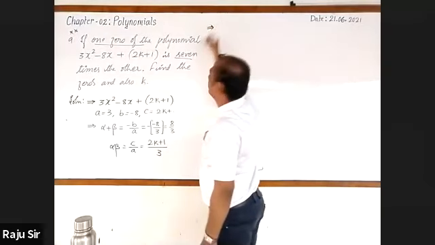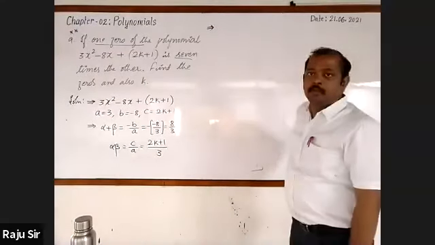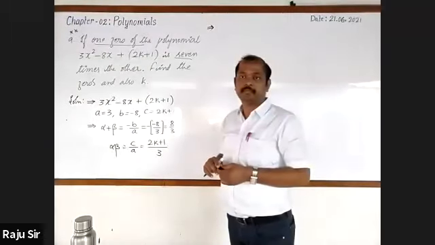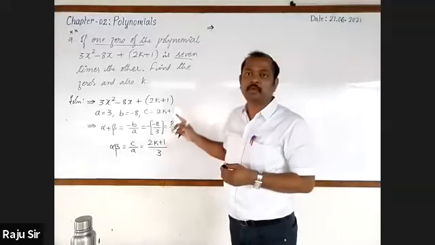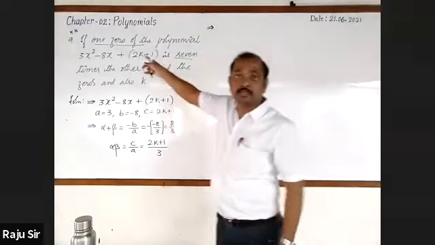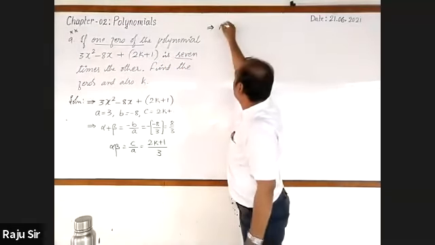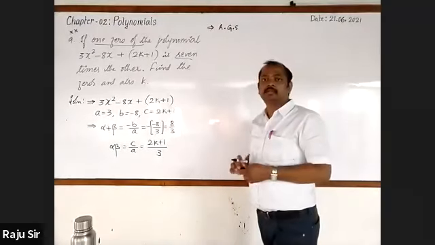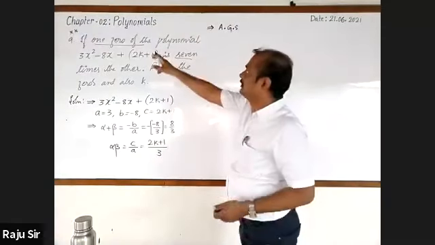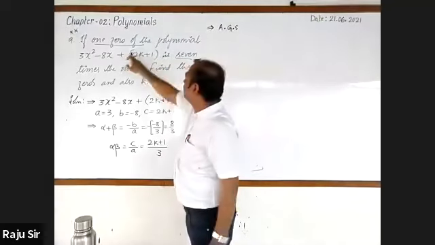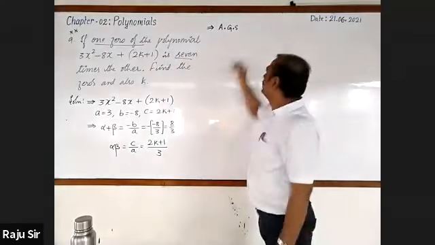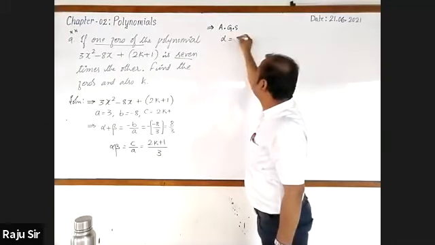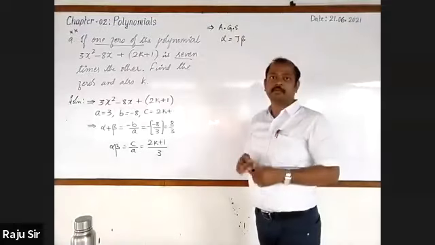Now, to find the values of alpha and beta, we have to use the given statement. According to the given statement, one zero of the polynomial is 7 times the other, that is, alpha is equal to 7 beta.